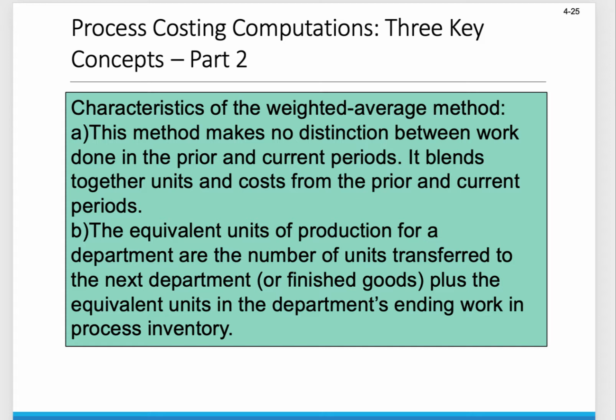The point is that each process or each department adds its own direct materials, its own labor, and its own conversion costs. Okay, so what we're saying here is that for each equivalent unit of production, or EUP, for a department, that's the number of units that were transferred to the next department plus any equivalent units in that department's ending WIP.